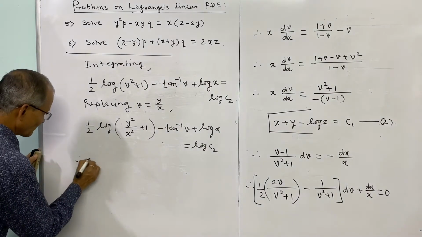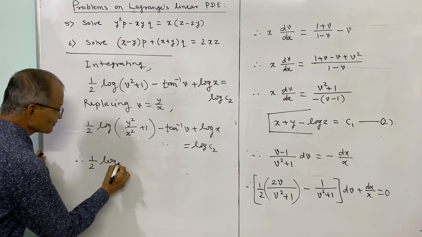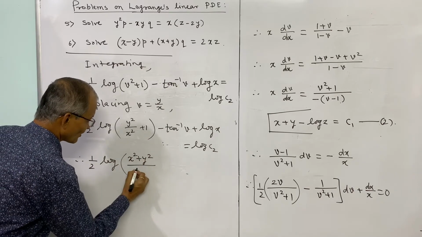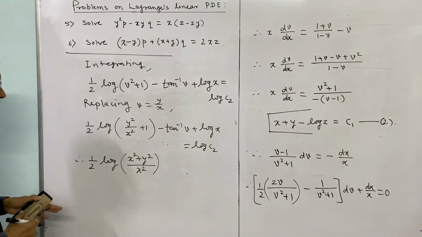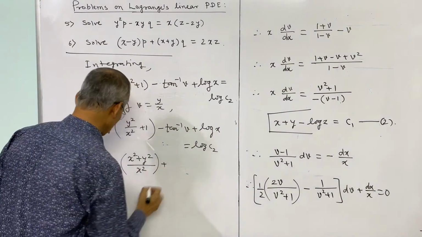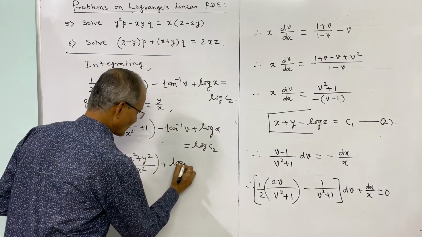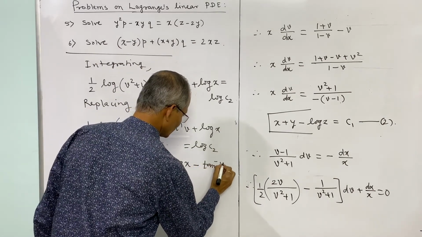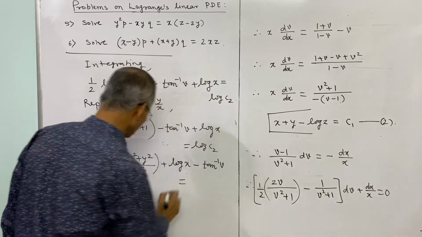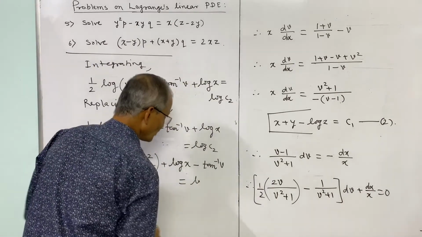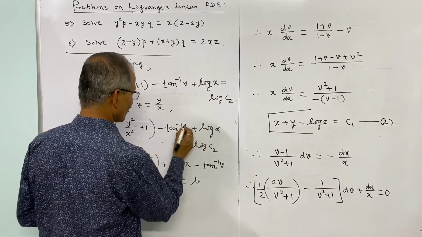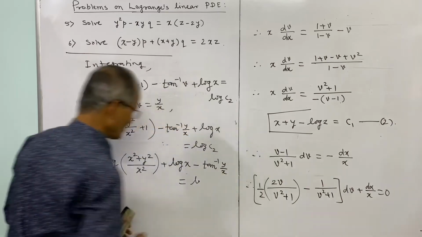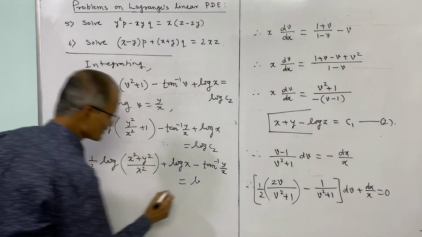So this is half log of (x square plus y square divided by x square) plus log x, and minus tan inverse v is equal to log of c2. V is also to be put as y upon x.